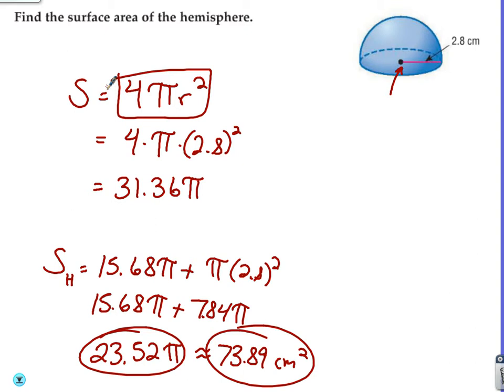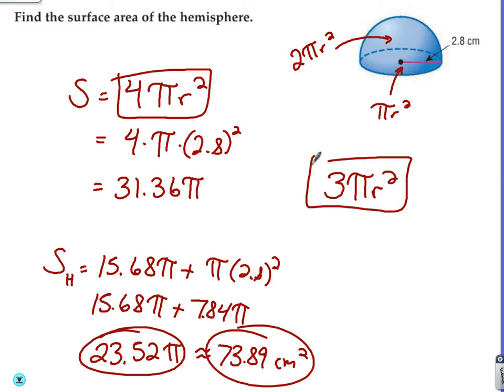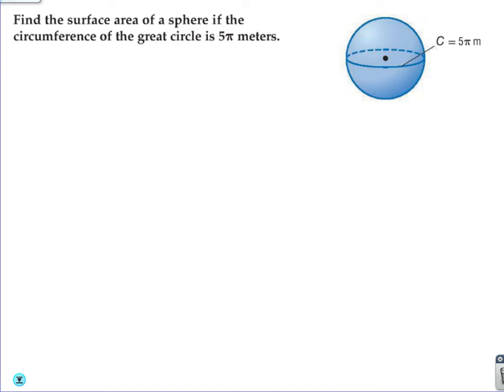So the area of the sides is 2 pi r squared, the area of the bottom is pi r squared. So what would be the easiest way to do this? 3 pi r squared. If you've got a hemisphere, you don't have to write that down. Just know it. 2 pi r squared is going to give you the area of the side, 1 pi r squared is going to give me the area of the bottom. So to find that surface area, 3 pi r squared is probably the easiest way.